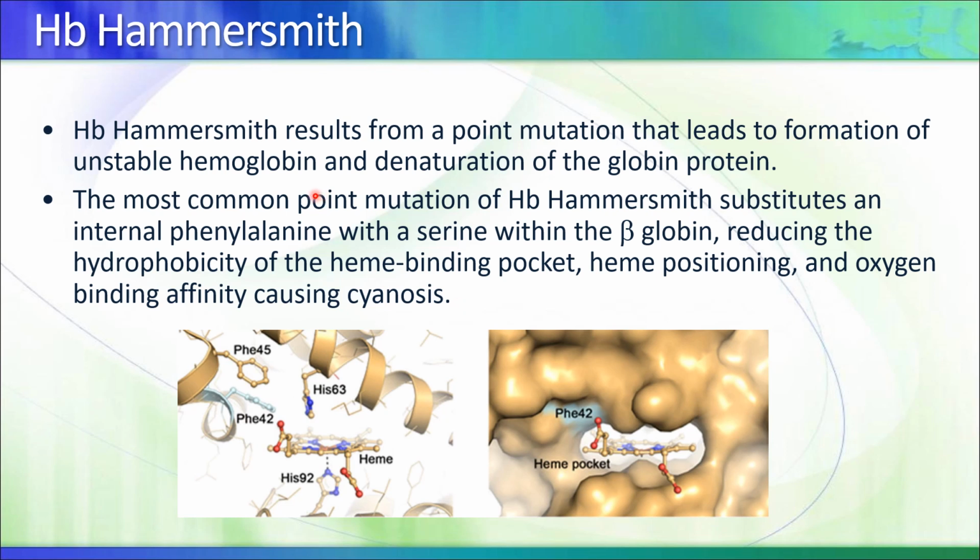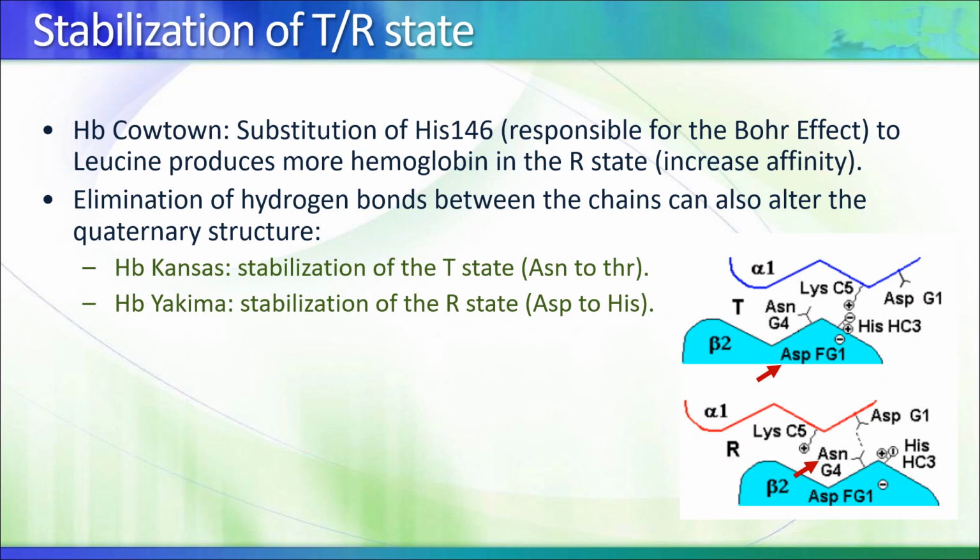That would cause an unstable hemoglobin molecule, denaturation of the globin protein, inability of the hemoglobin molecule to bind oxygen, and that would ultimately cause cyanosis. You can also have mutations that cause stabilization of the T state or the R state. So there is a change in the equilibrium between the two states of the hemoglobin molecule.